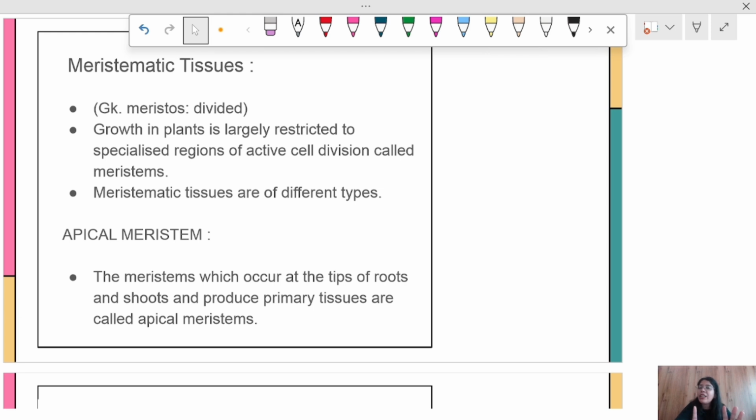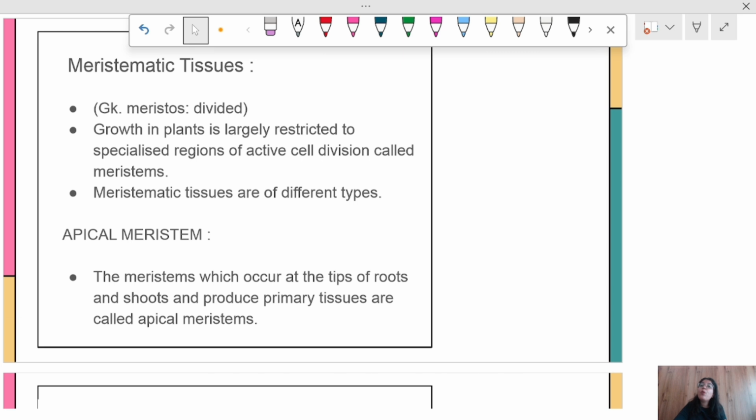But in the plant body, you can see that they have some special zones or specific regions where the cells can divide, and they will divide throughout their life. They are called meristematic regions or meristems. Usually you will find meristems at different places in the plant body, not everywhere.